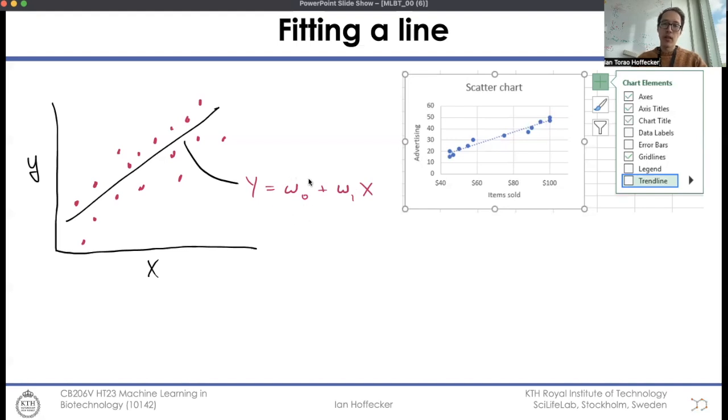We'll typically call this intercept w sub 0 a bias, or the starting value of our predicted variable. And this w sub 1 we will refer to as a weight, in other words, how much the input variable x matters in how much it contributes to the value of the output variable y. So essentially it's the same thing we're used to, y equals mx plus b, but we're changing the names a bit to fit the machine learning conventions.